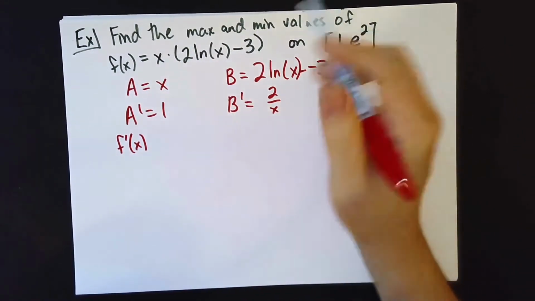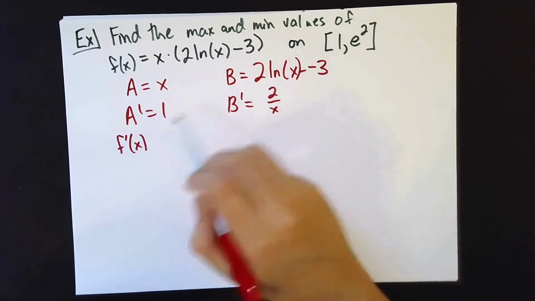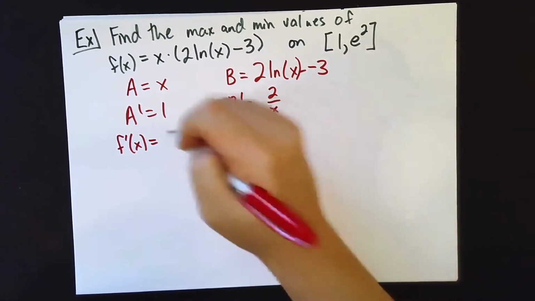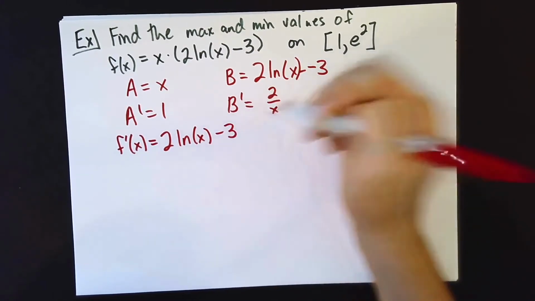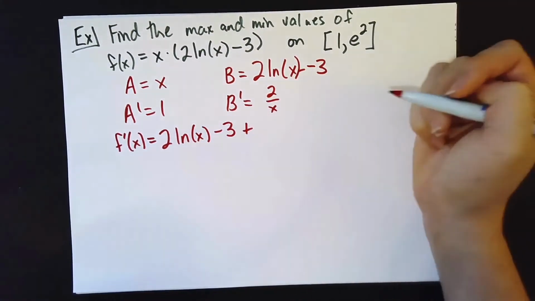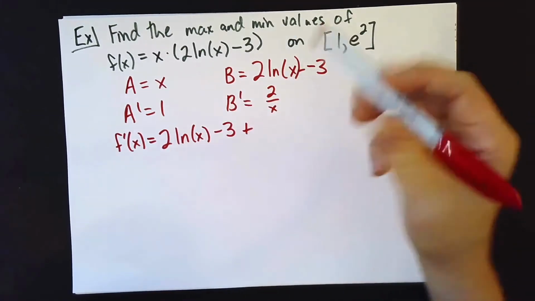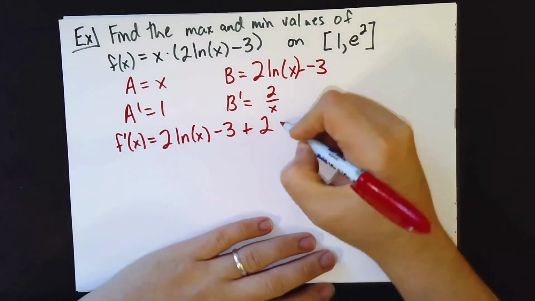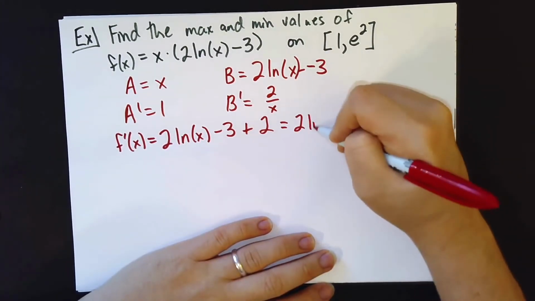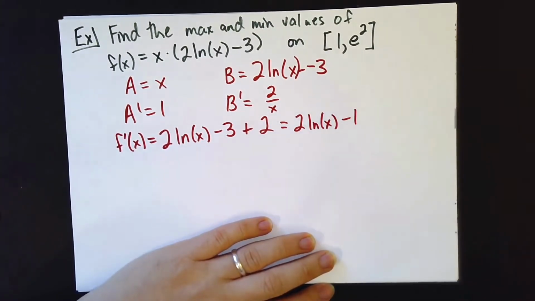So f prime of x is 1 times twice the natural log of x minus 3, plus x times 2 over x, so plus 2. Which, if I simplify it, is twice the natural log of x minus 1.